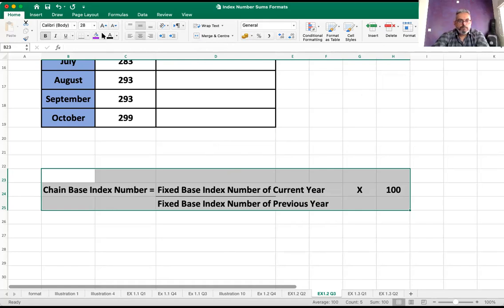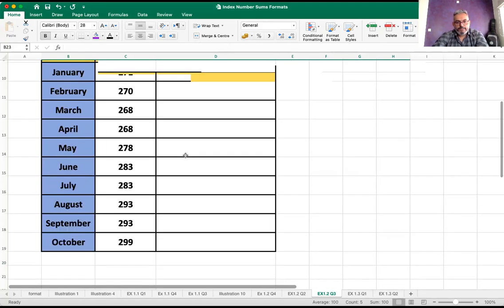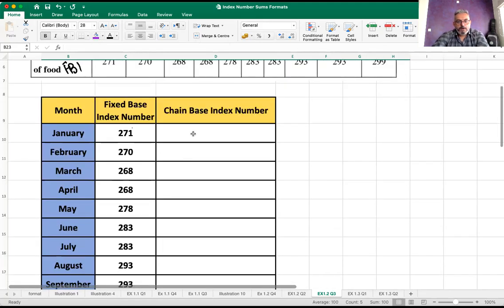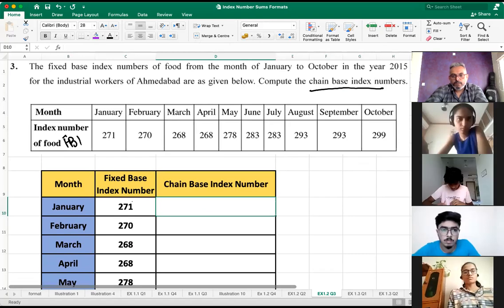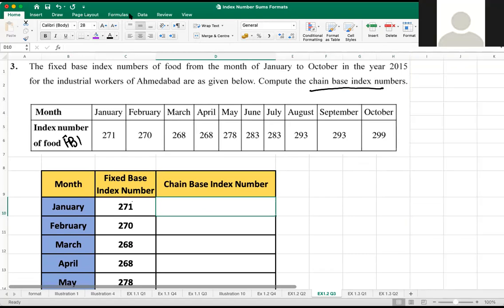Now, let's start with the sum. Now, for the first year, what will be the CBI? Can anyone tell me? 100, because base number is not given.